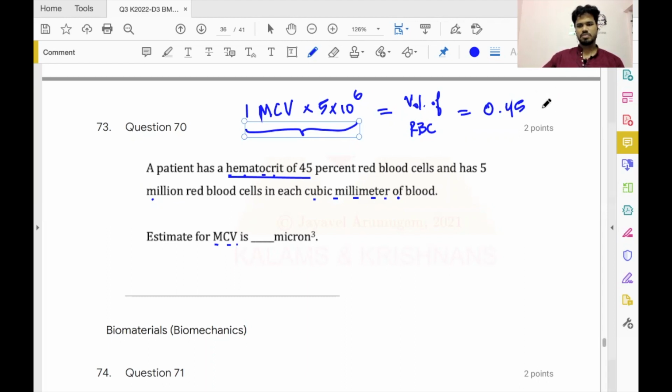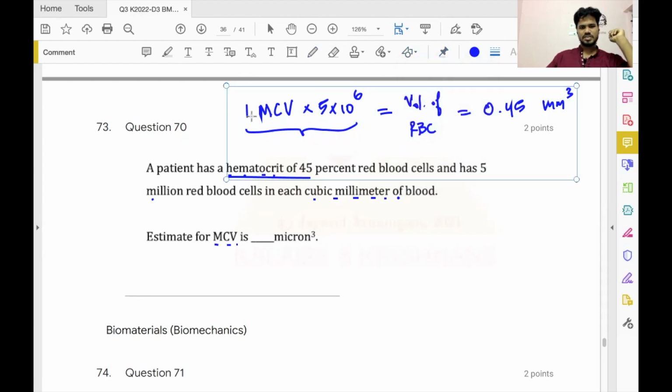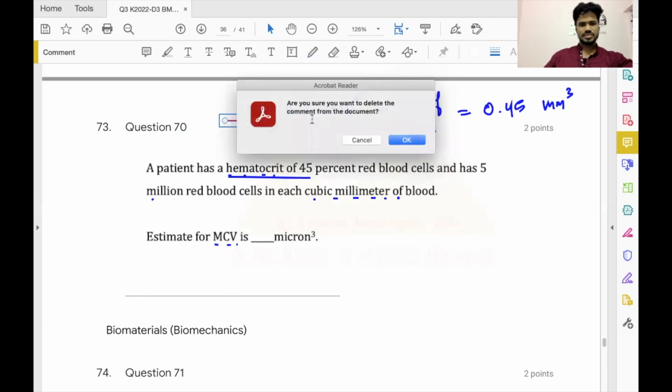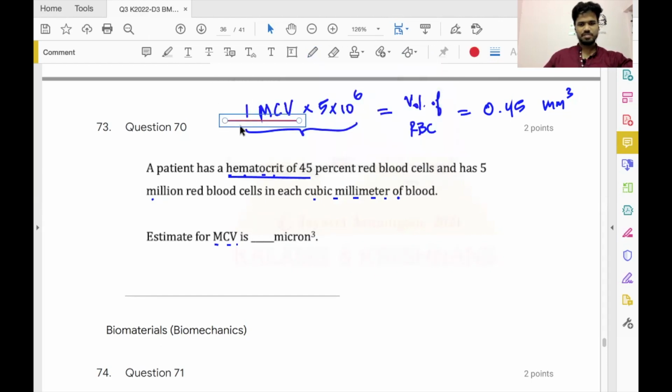So this should be mm cube. So from this we can calculate what is MCV. Just volume of 1 cell times number of cells should give you the volume of all the cells in the given volume, that is hematocrit. Okay, so based on that, quickly, if you do this, we'll get some very big numbers, or very small numbers.